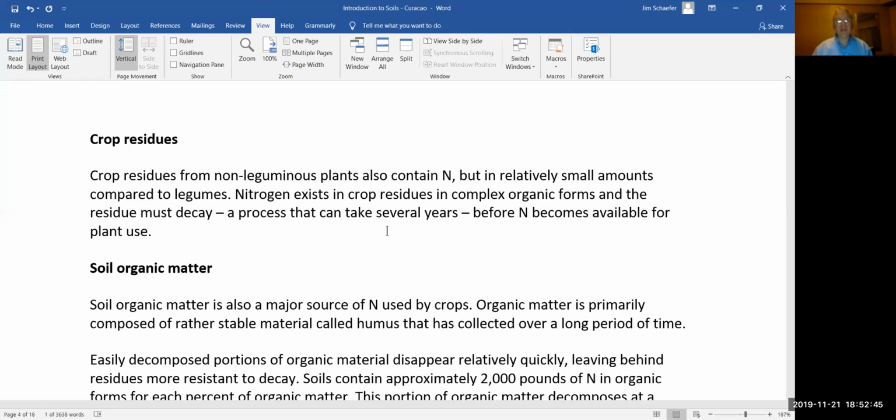So slow release is a magic word when it comes to the delivery of nitrogen to your farm. And this is extremely important if the soils that you're working with tend to be coarse and carry a low cation exchange capacity.